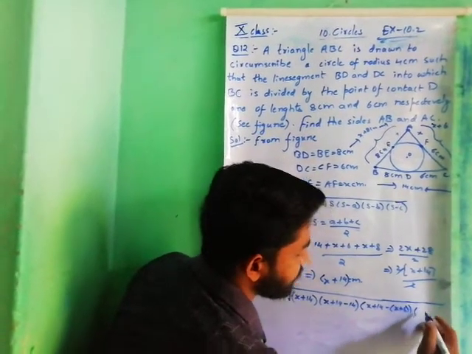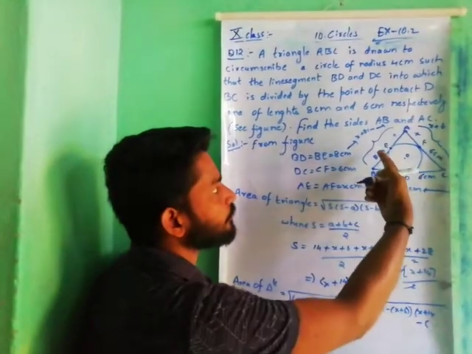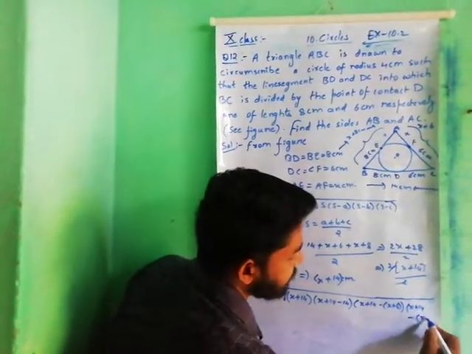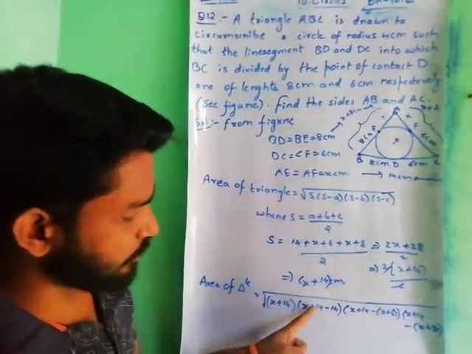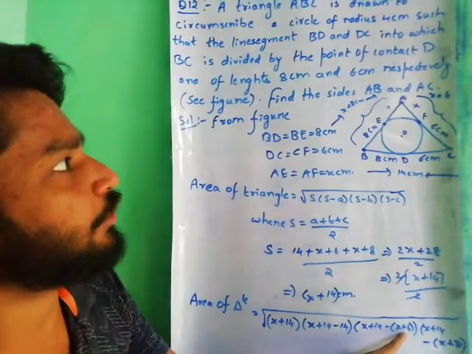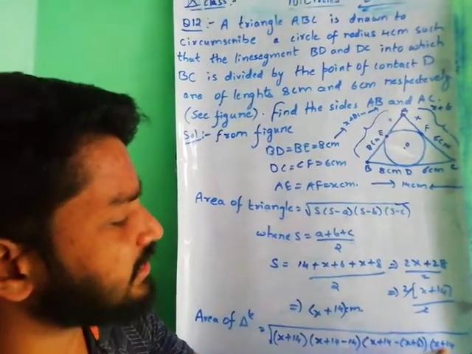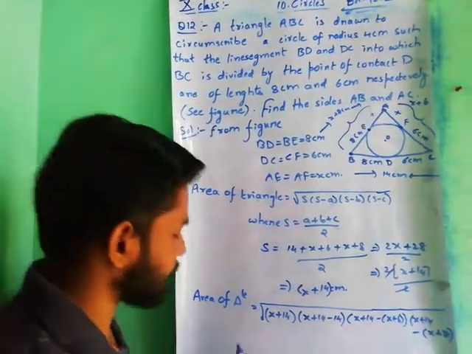And s minus c means x plus 14 minus of x plus 8. Understand? This is s value, s minus a only 14, s minus b, b value x plus 6, s minus c, x plus 14 minus c value which is x plus 8.